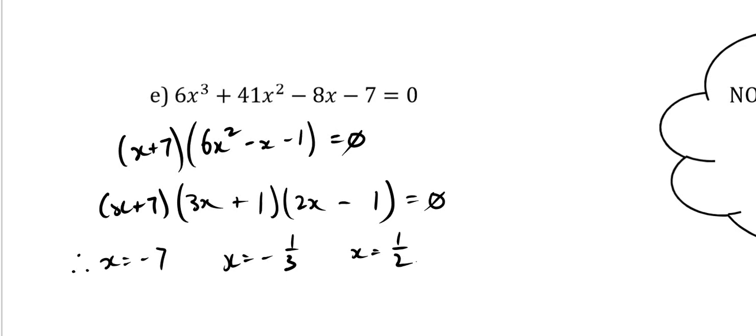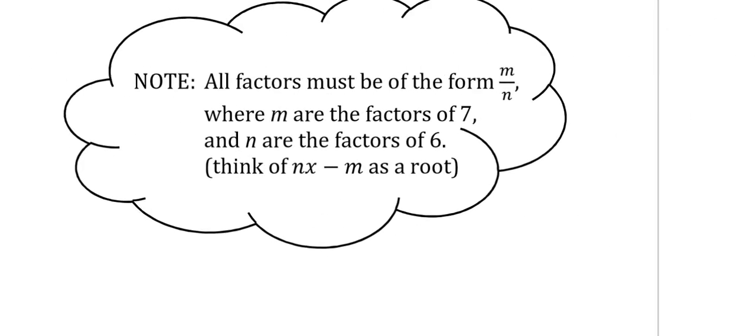I don't know if you want to write this down. You can, or you can get it off the note later. But it turns out there's a little bit more to it. In fact, all factors that you could possibly try in terms of factor theorem are not just the factors of the constant, but a combination where they have to be of the form m over n, where in this case, m are the factors of 7 and n are the factors of 6, where 6 is the leading coefficient.